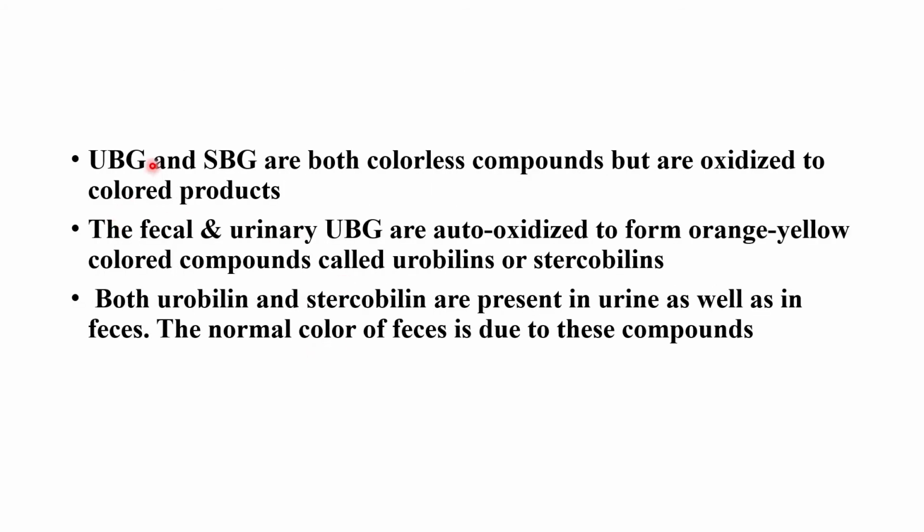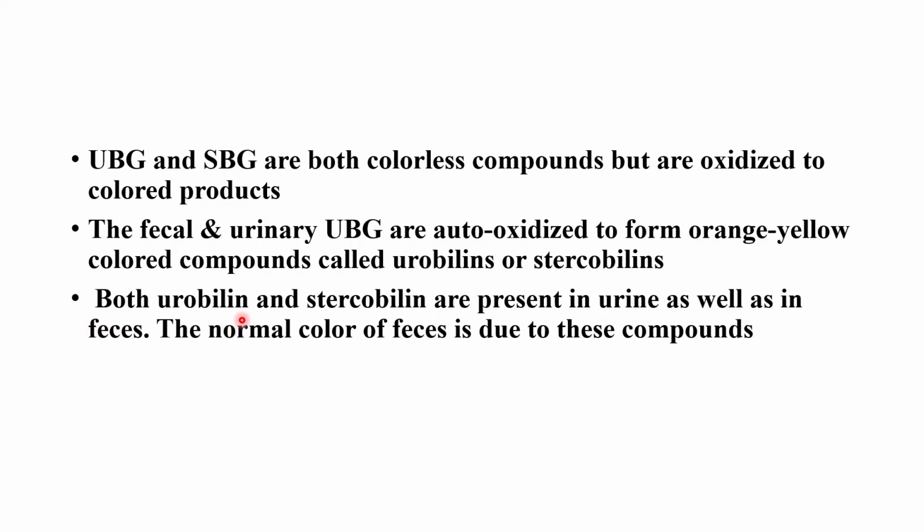Both urobilinogen and stercobilinogen are colorless compounds, but auto-oxidation takes place and they are oxidized to colored products. So the fecal and the urinary urobilinogen are auto-oxidized to form orange-yellow colored compounds called urobilins or stercobilins.